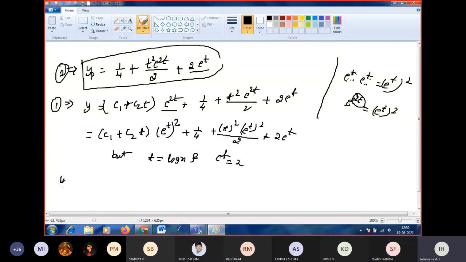So we obtained y is equal to C1 plus C2 into log x, into e power t. e power t is nothing but x, so x square, plus 1 by 4 into t square, t means log x whole square, e power t is x, so x square by 2, plus 2 into e power t, which is x. This will be our final solution. Did you clear?